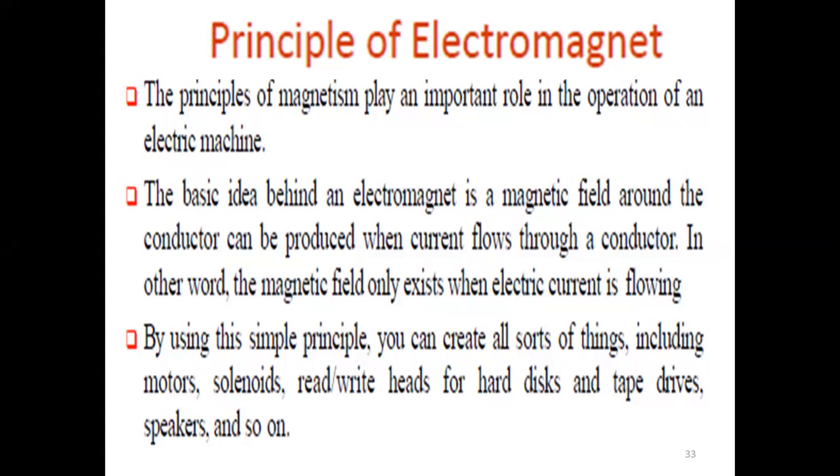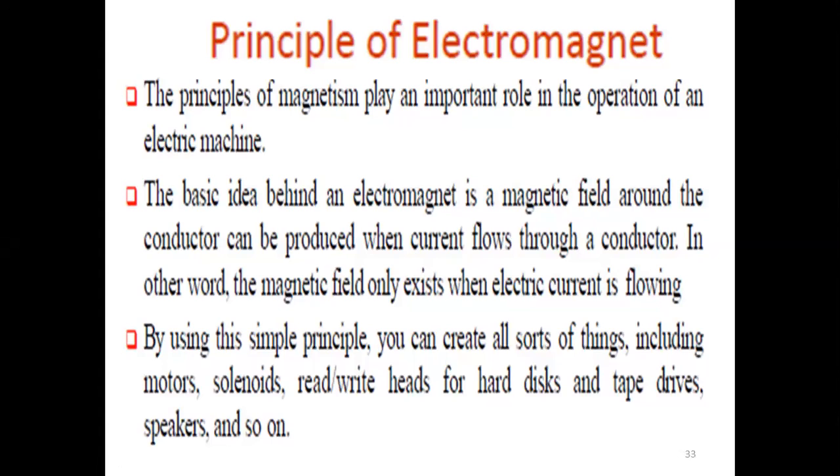So an electric field is there. Like that, around a conductor, some magnetic field will also be produced. In other words, the magnetic field only exists when electric current is flowing. Whenever current is flowing in the conductor, then only the magnetic field will exist.